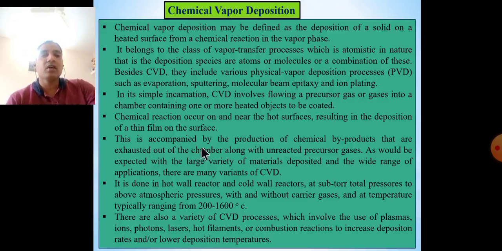This is accompanied by the production of chemical byproducts that are exhausted out of the chamber along with unreacted precursor gases, as would be expected with a large variety of materials deposited and the wide range of applications.